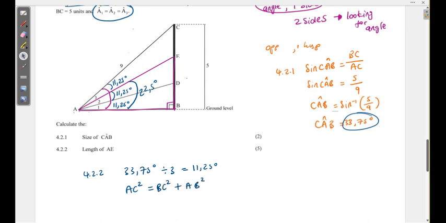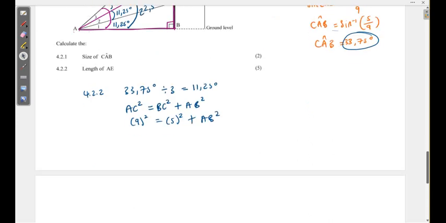AC squared means 9 squared, BC squared means 5 squared, and then you have AB squared. I think you will have 81 is equal to 25 plus AB squared, which means 81 minus 25 is 56, AB squared.